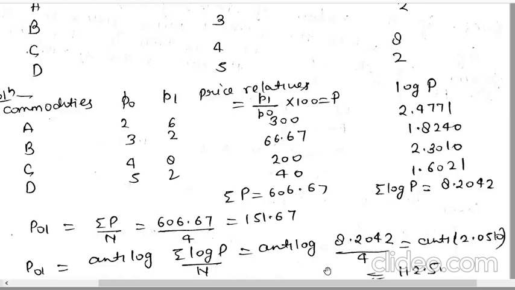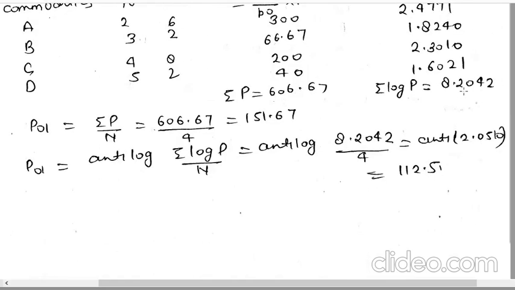So after summation, log P is equal to 8.2042, then the geometric mean formula is P01 is equal to anti-log summation log P upon N. So anti-log 8.2042 upon 4. So it will be anti-log of 2.0510. After taking anti-log of this value, you will get 112.5.